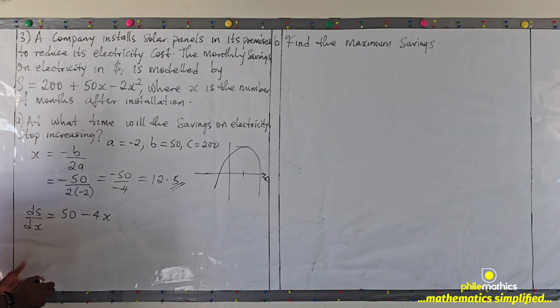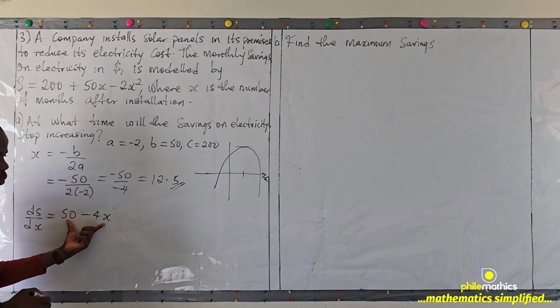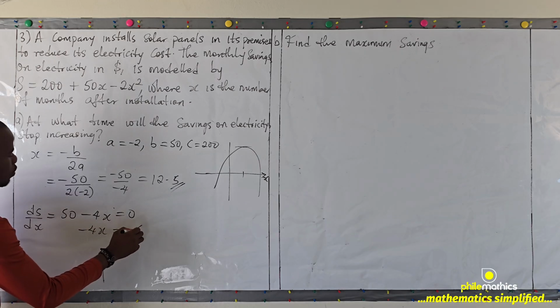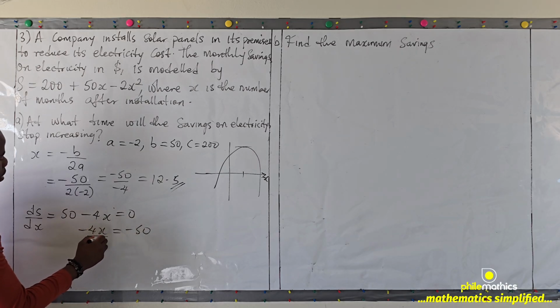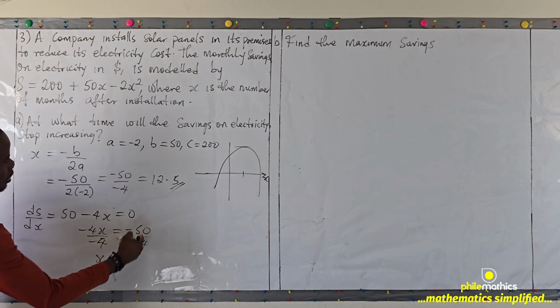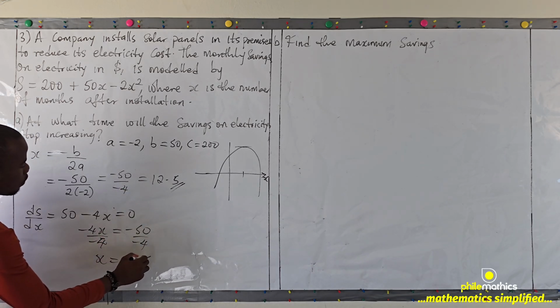And at a critical point, this is 0. So we equate this to 0. And to find what x is, we take this to the right hand side: minus 4x equal to minus 50. And divide both sides by minus 4. We'll also find that x, the same thing we got here, is 12.5.